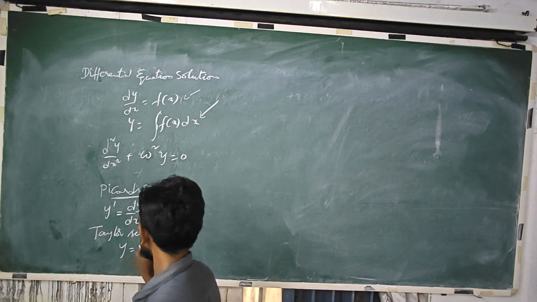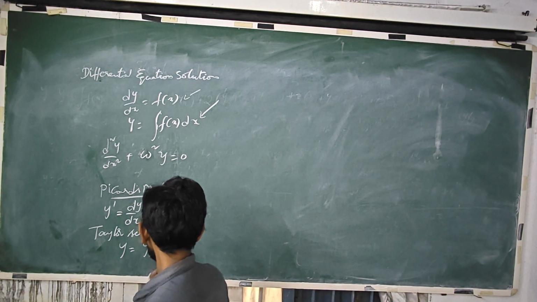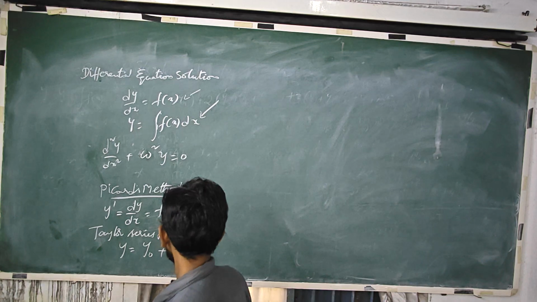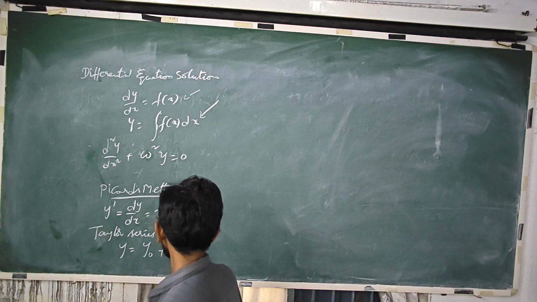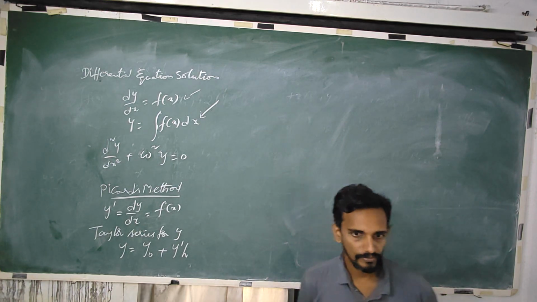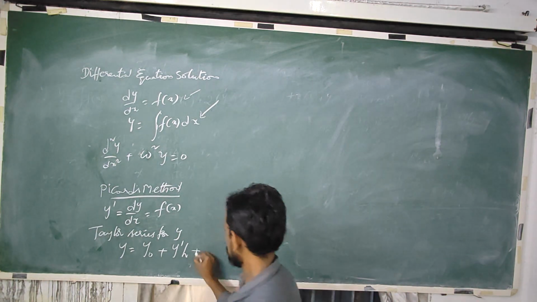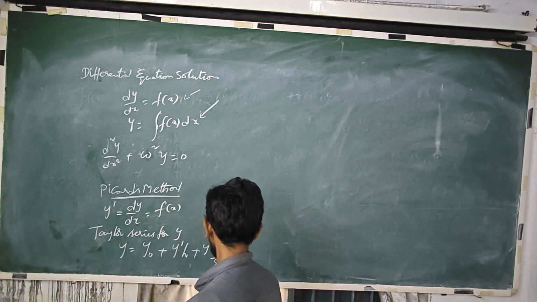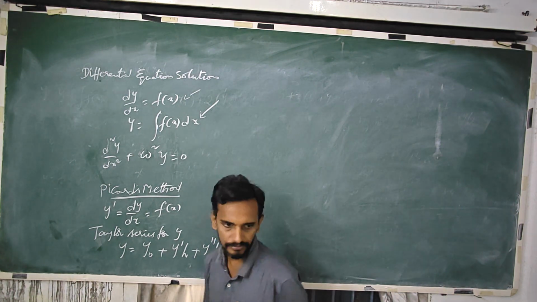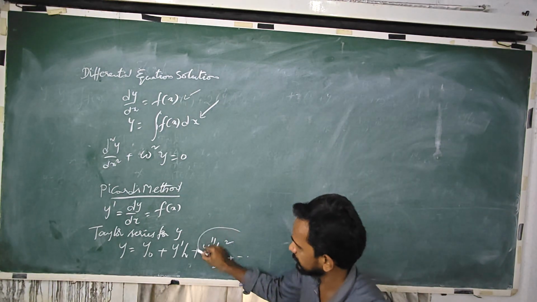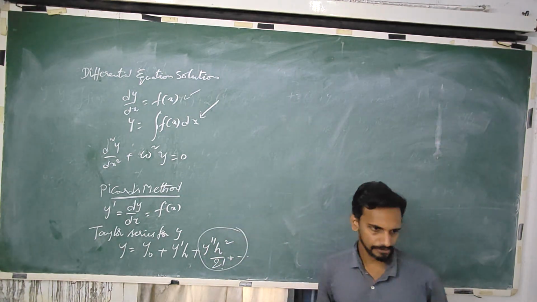That is y is equal to y0 plus h times y prime plus y double prime h square by 2 factorial plus etc. So this is the Taylor series, and I am neglecting all the higher order terms.